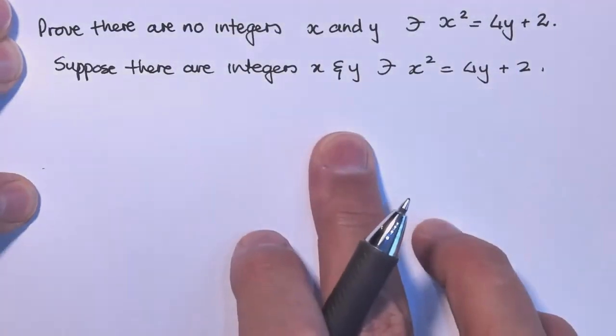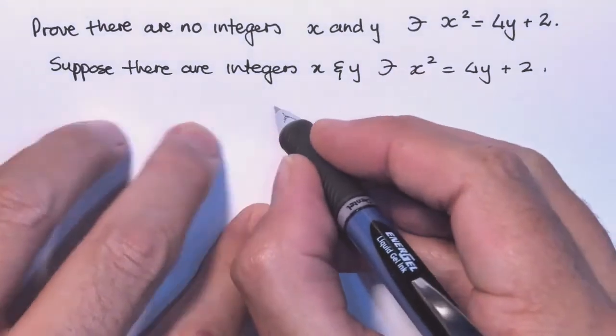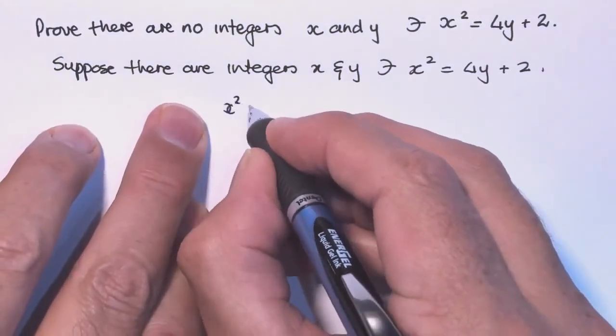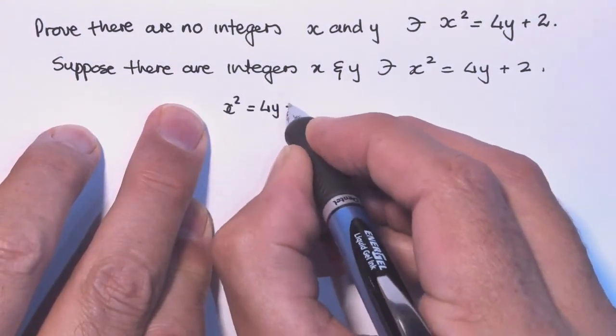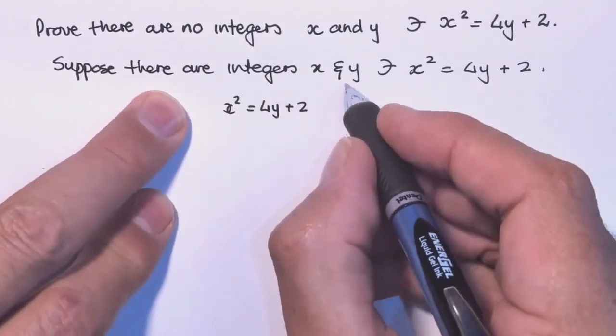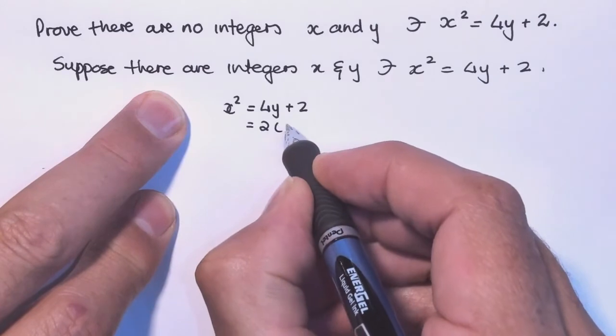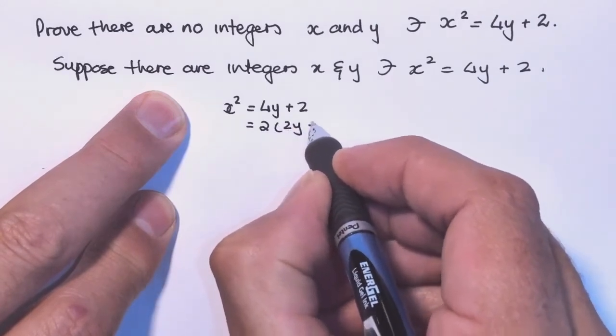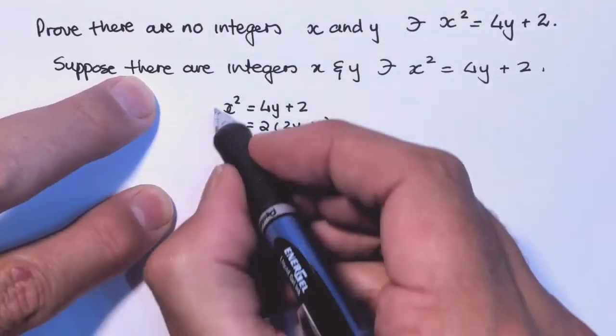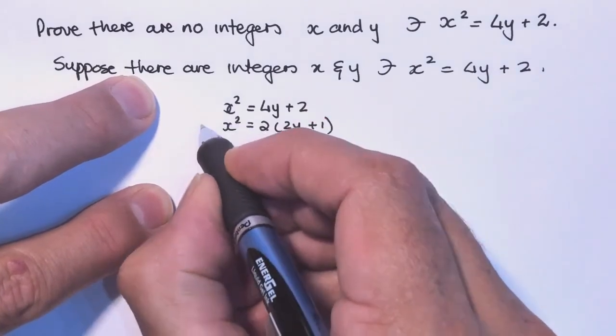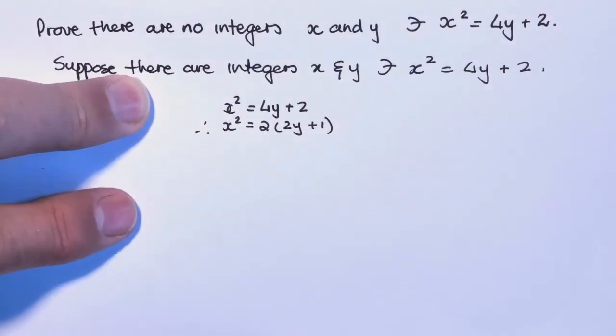Okay, now let's see what we can do with that. If we start looking at x squared, which is equal to 4y plus 2, what can we do? We can remove a 2 and we'll be left with 2y plus 1. So what does that tell us about x squared in this case?